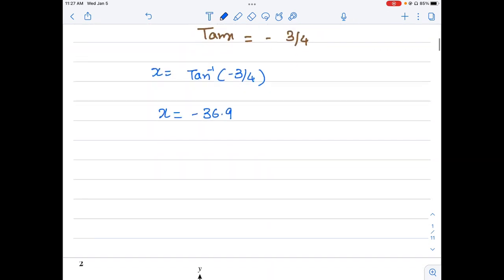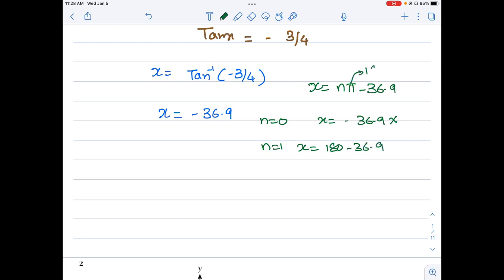So for tan, the general solution is x equal to n pi minus 36.9. Now I substitute n equal to 0. So I get x is equal to minus 36.9, which is not possible. N is equal to 1. So x is equal to 180 minus 36.9, because pi means 180 degrees.